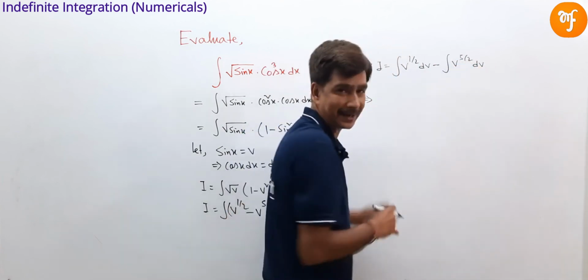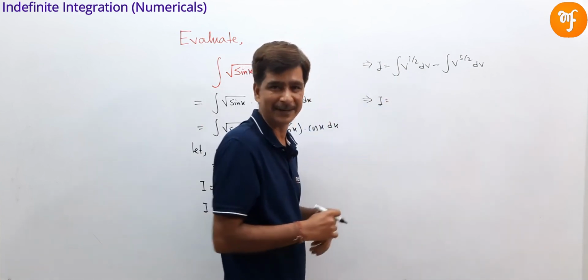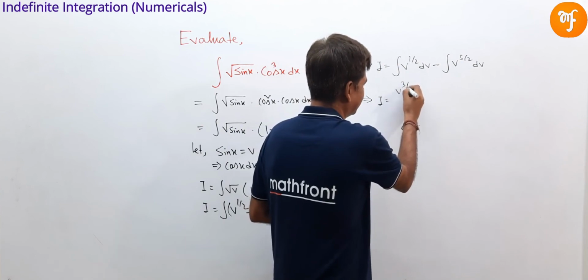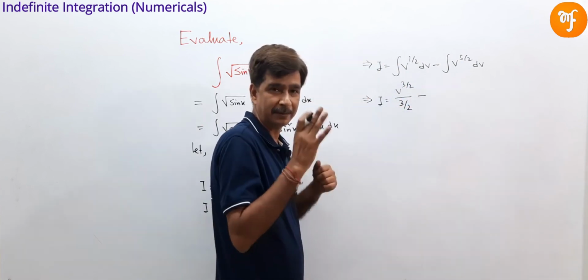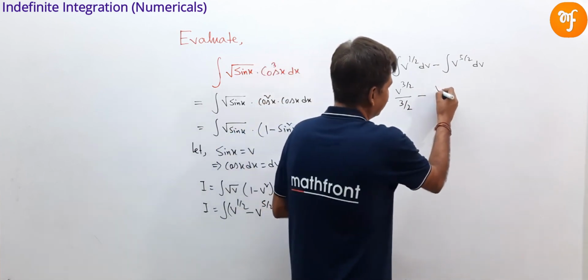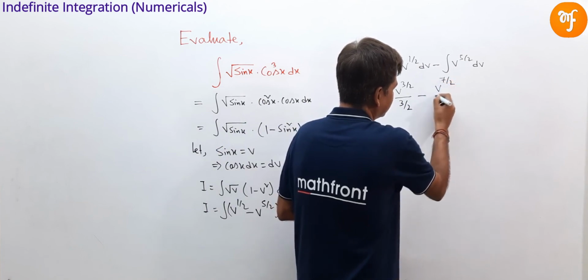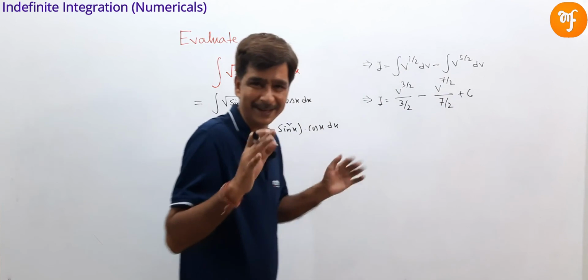So what is I? Integration of v to the power half is v to the power 3 by 2 by 3 by 2, minus integration of v to the power 5 by 2 dv, which is v to the power 7 by 2 by 7 by 2, plus c, where c is the integration constant.